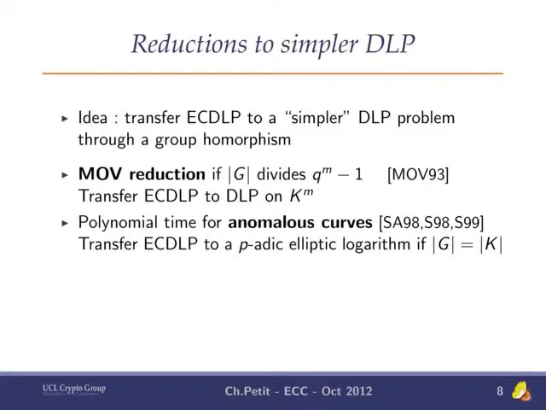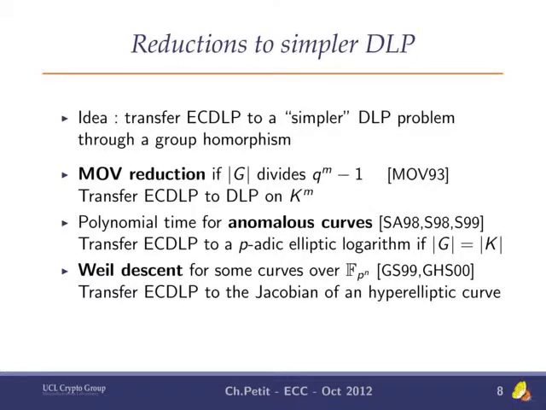There is also a polynomial time algorithm if you take very special curves that are called anomalous curves. And there has been a bunch of work along what's called Weil descent, where you transfer the ECDLP to some hyperelliptic curve problem. All those attacks only work for specific families of elliptic curves that are not the ones that we would like to use in practice.